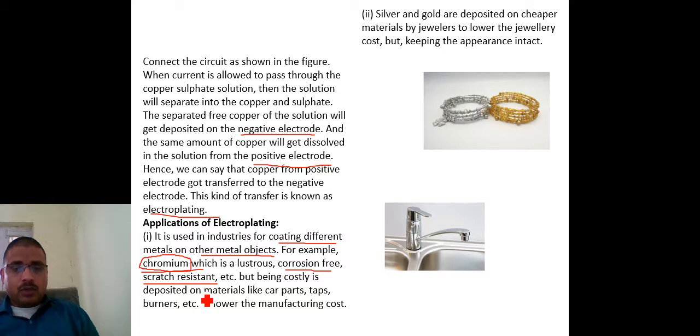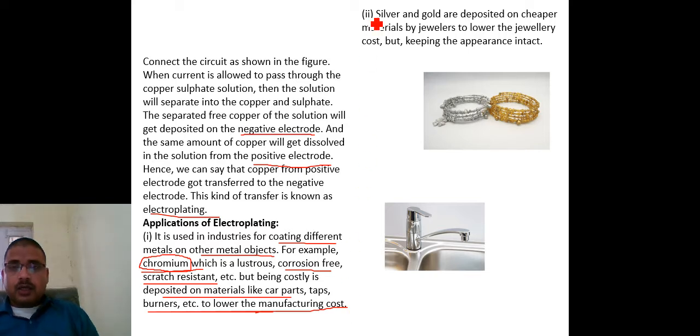Now, it is deposited on materials like car parts, taps, and burners to lower the manufacturing cost, and these are made up of iron. So chromium cannot be directly used in this kind of material. So a layer of chromium gets deposited on the part of the material, so that the cost of the material does not become high.